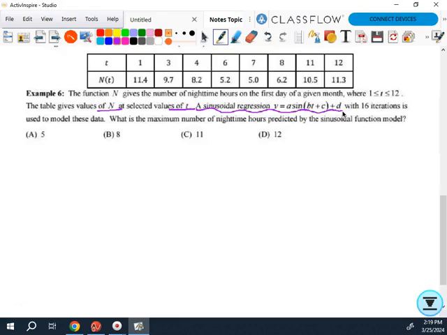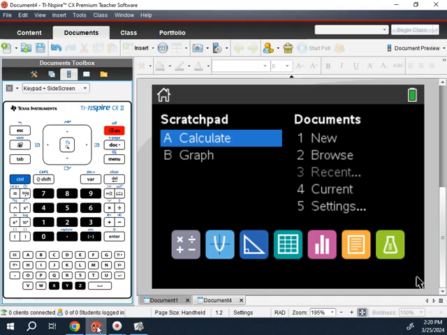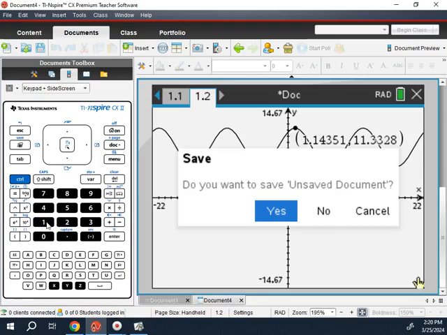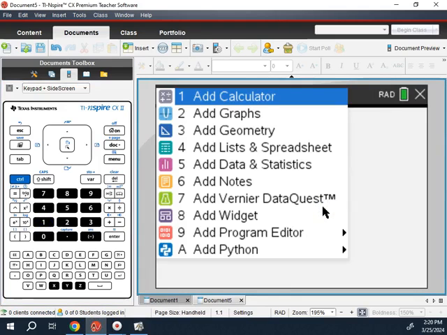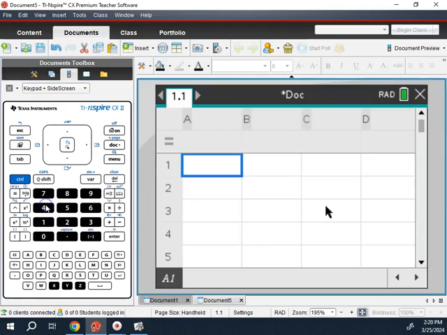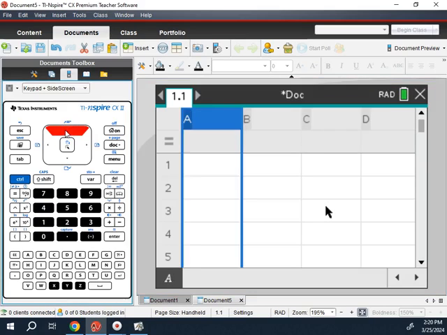What is the maximum number of nighttime hours predicted by the sinusoidal function model? So we're going to go to our calculator, and where do we go to lists and spreadsheets? So for lists and spreadsheets, go ahead and get that stuff typed in.